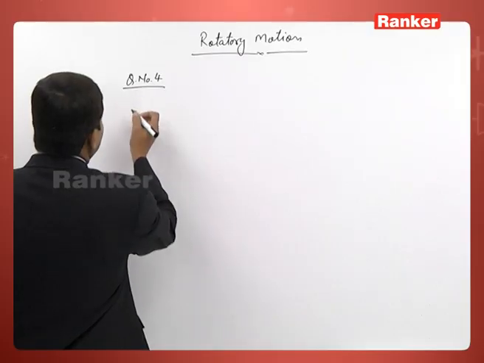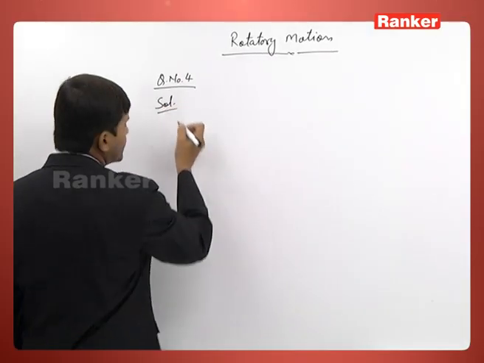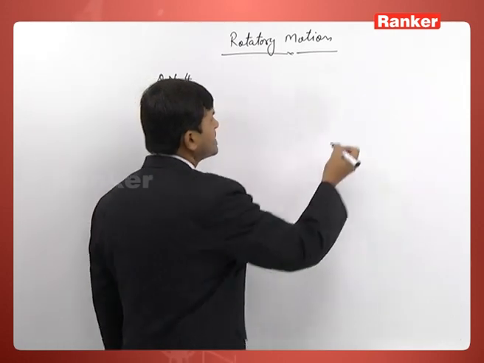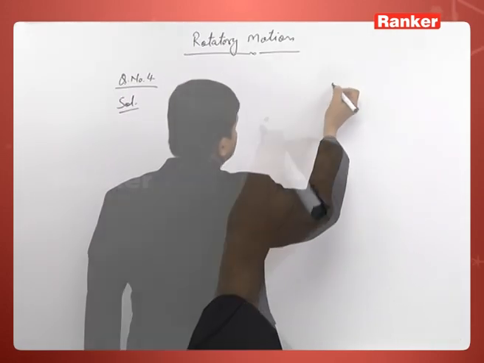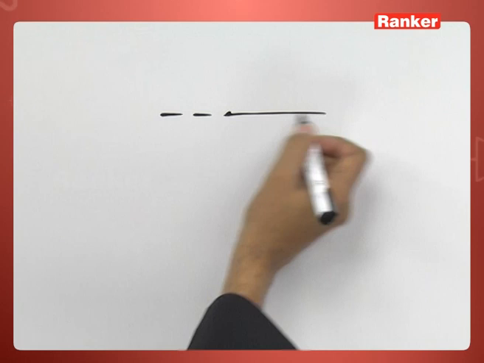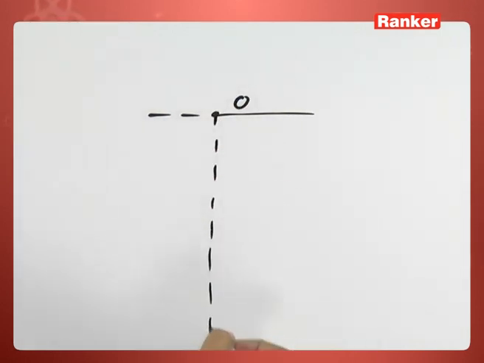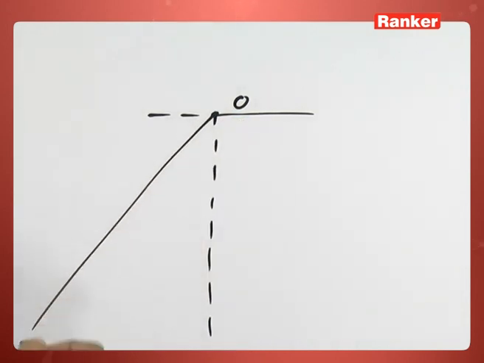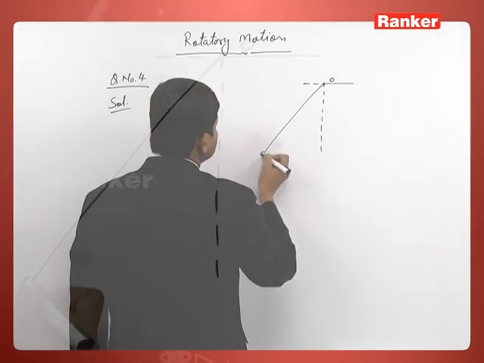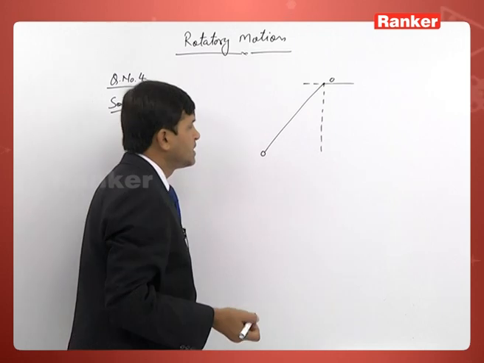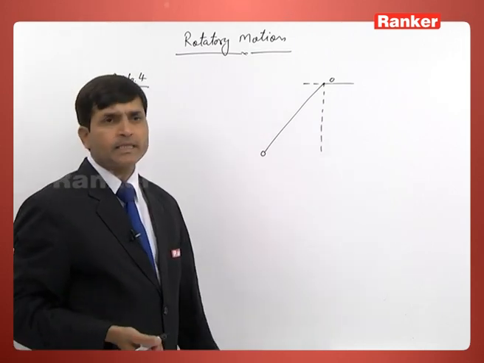See, as per the given question, the diagram is like this. This is the point O, about which our pendulum bob can rotate.